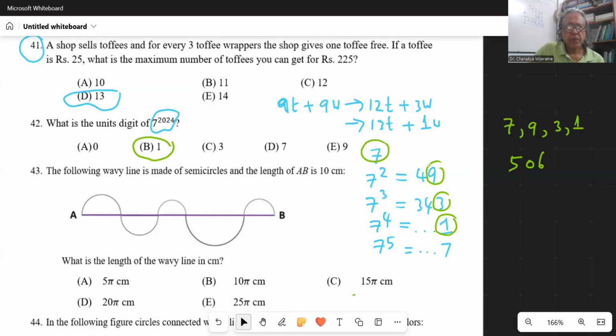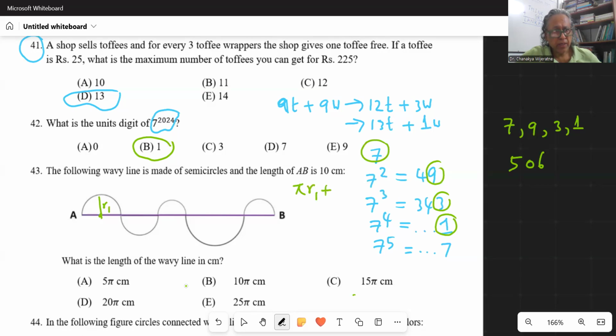Question 43. The following wavy line is made of semicircles, which are half circles, and the length of AB is 10 centimeters. So what is the length of the wavy line in centimeters? The first half circle has length pi r1.